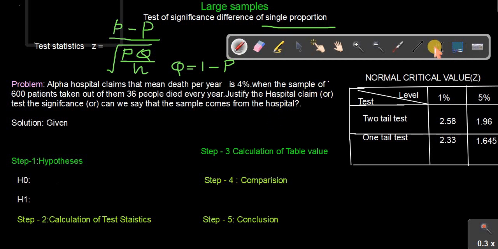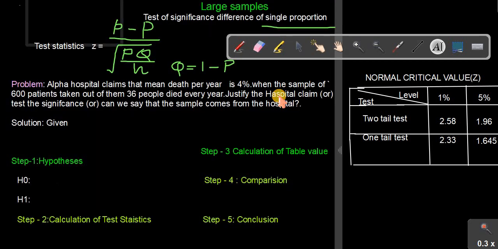Here is some spelling mistake, I think so. Am I correct? Here some spelling mistake here. HO should come there. Hospital. So yes, hospital, right.